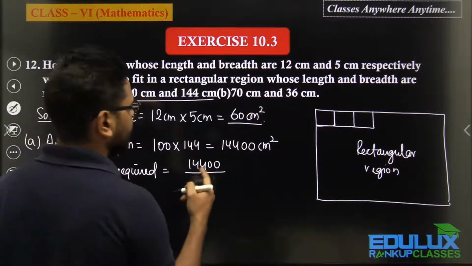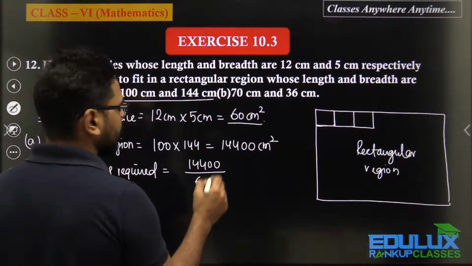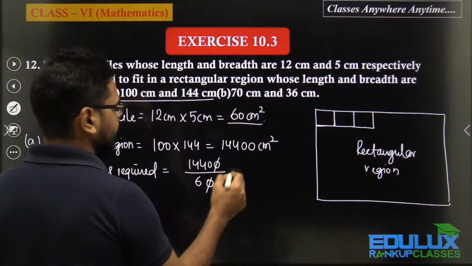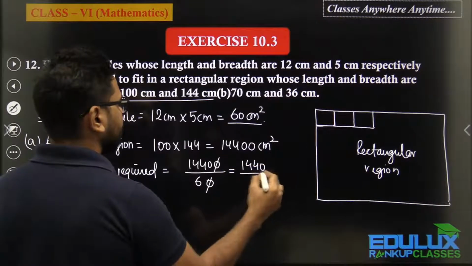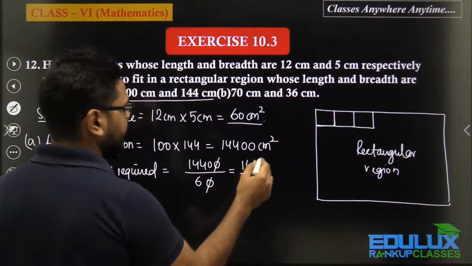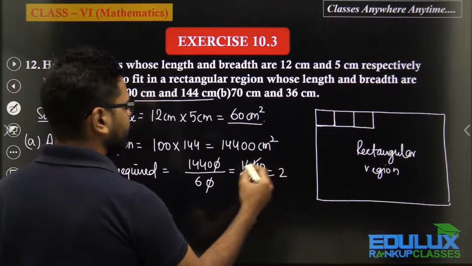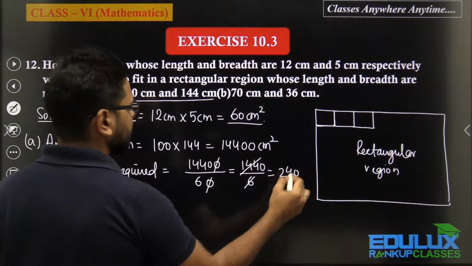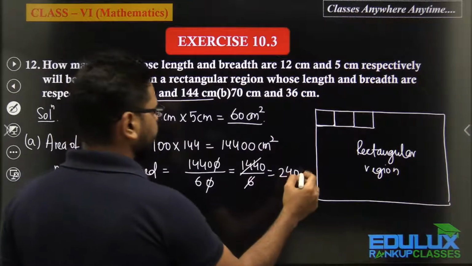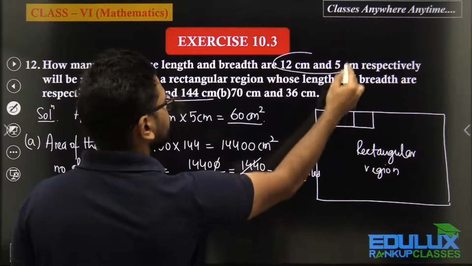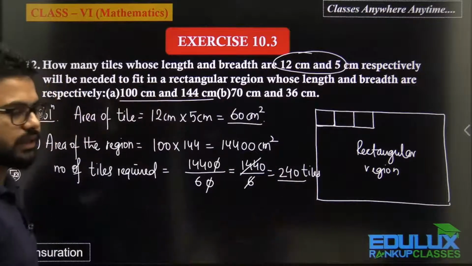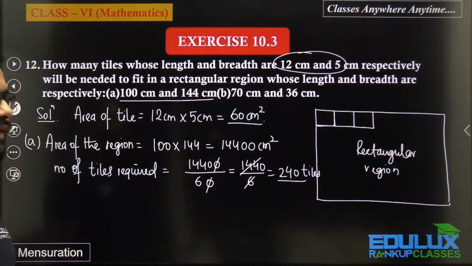So 14400 divided by 60, we can cancel out the zeros like this, and we are left with 1440 divided by 6. By 6 we can divide it like 6 4s are 24, and 0. So we require 240 tiles of this dimension to completely fill this floor. This is the answer for the first problem.